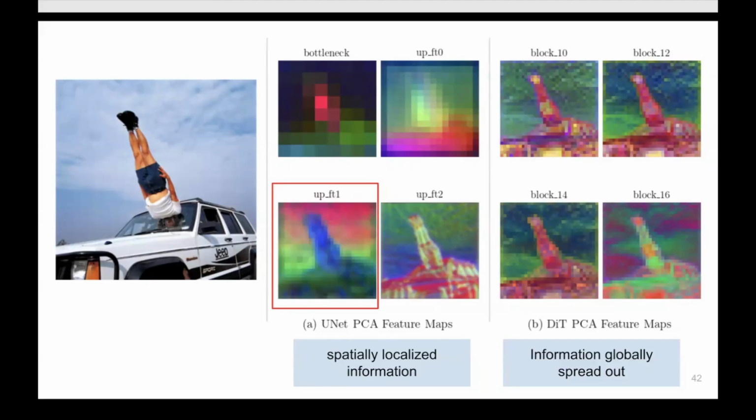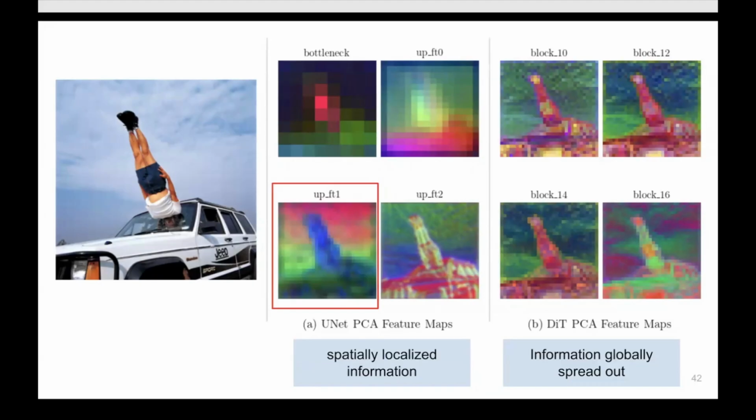And we found that overall, primarily because of the underlying convolution versus transformer based differences, there is more spatially localized information in the SD 1.4 style architecture compared to DIT.